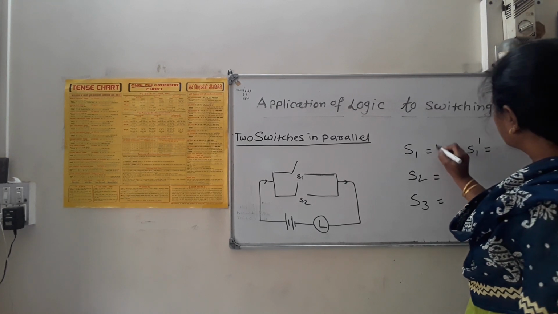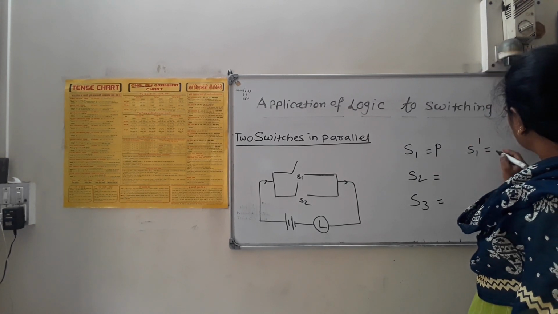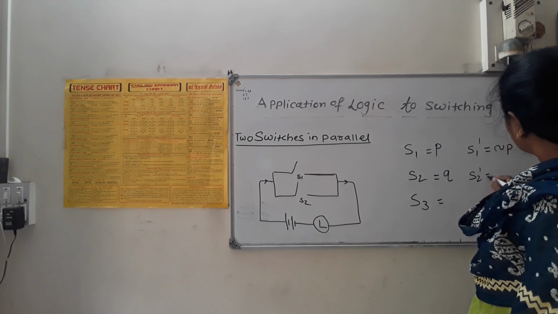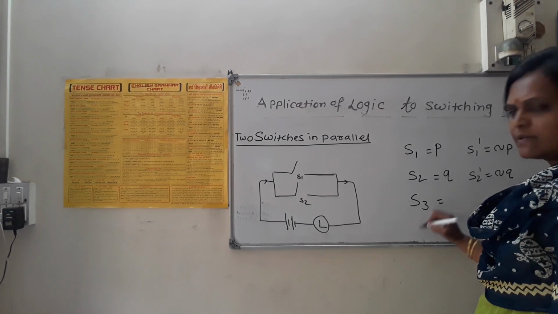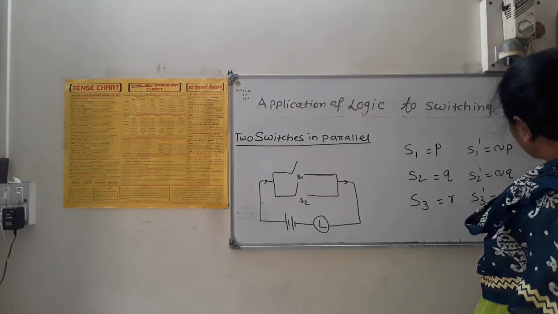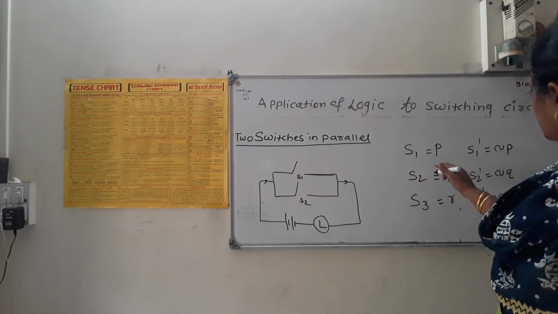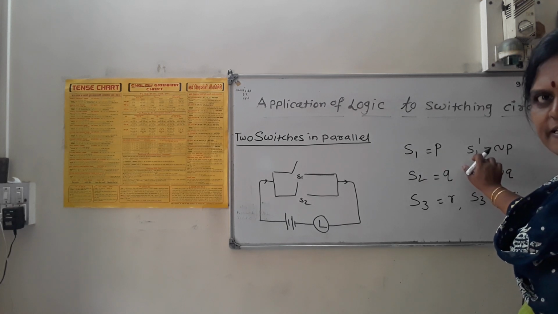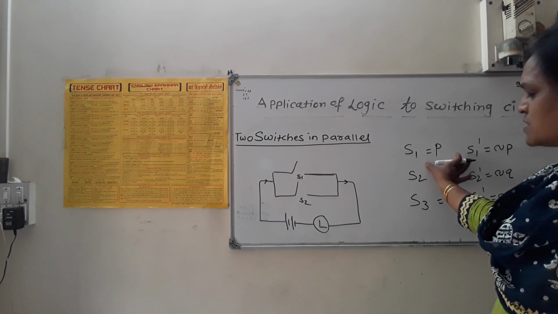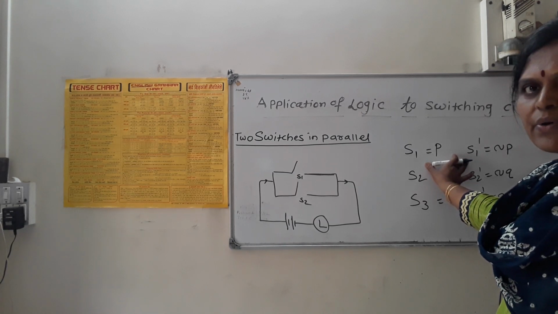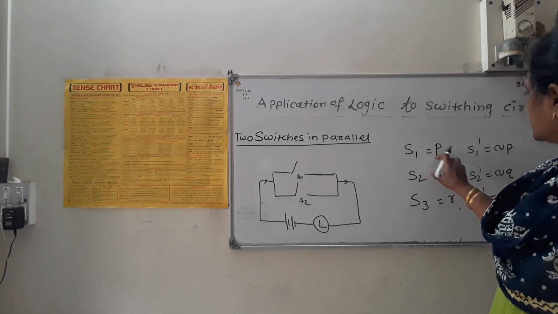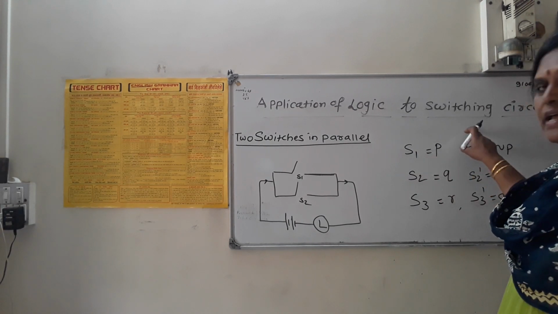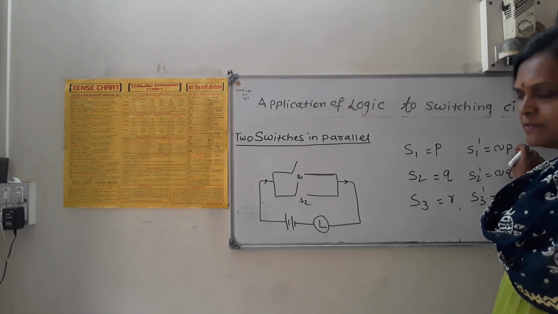S1 means P and S1 dash means negation P, S2 means Q and S2 dash means negation Q. Again S3 means R and S3 dash means negation R. It means these switches have opposite states, S1 and S1 dash. That is, S1 is P, S1 dash is negation P. It means if S1 is closed, S1 dash is open. Clear?